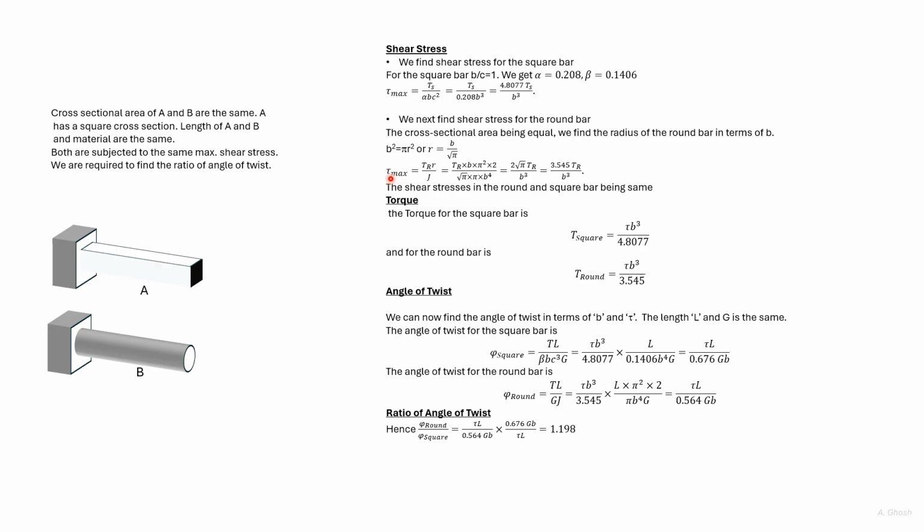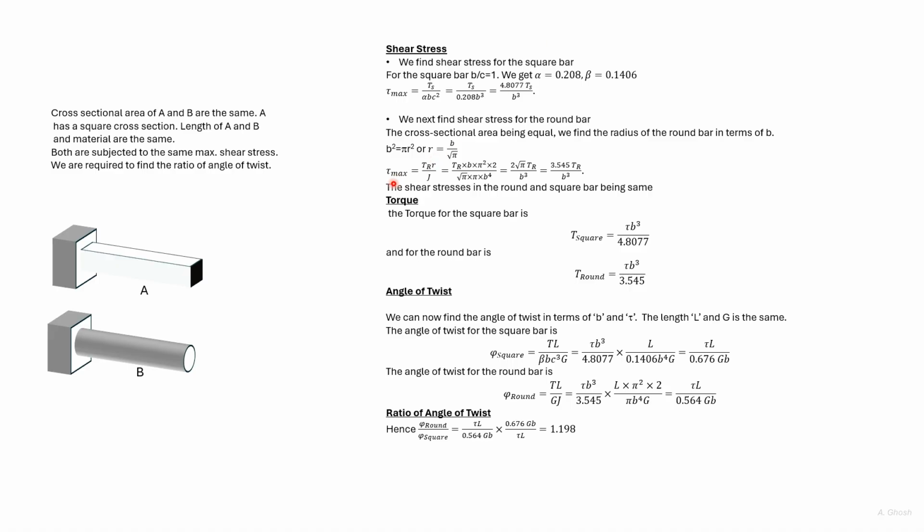When it comes to the round section, we first convert the radius of the round section in terms of the side of the square bar. So the area of the square bar is b squared, and the area of the round section is pi r squared, from which you get a value of r in terms of b.